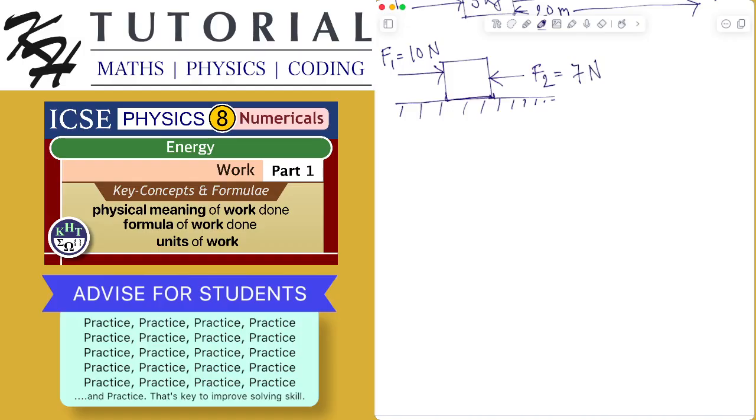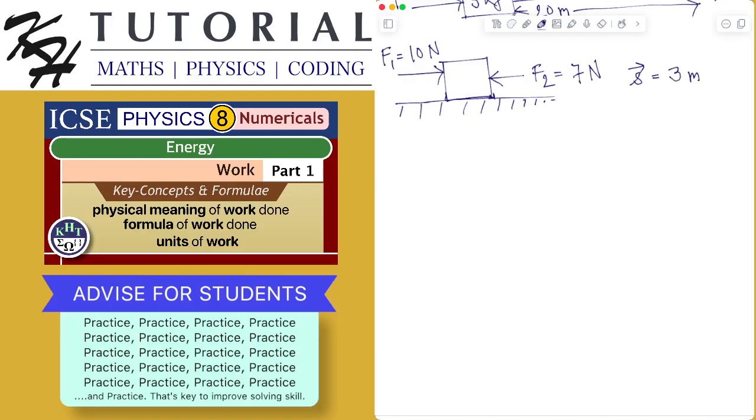Now, let's say the displacement caused by these two forces on the body is 3 meter. So what is the work done?